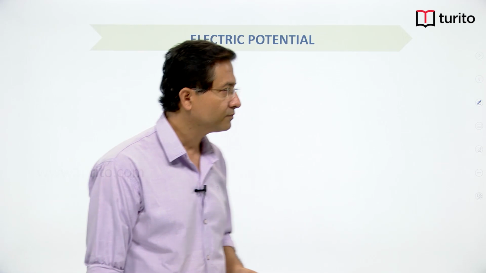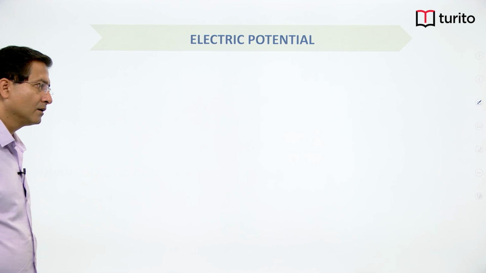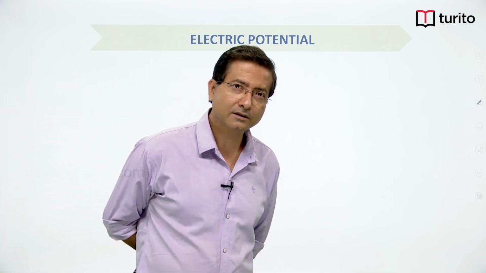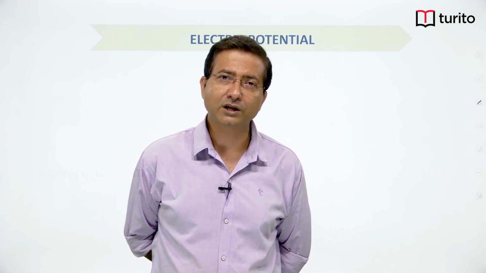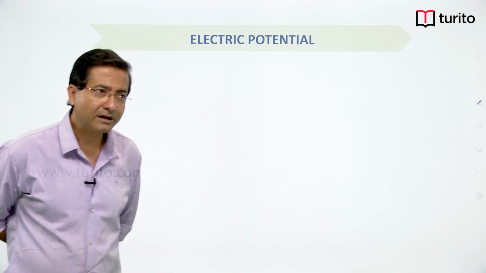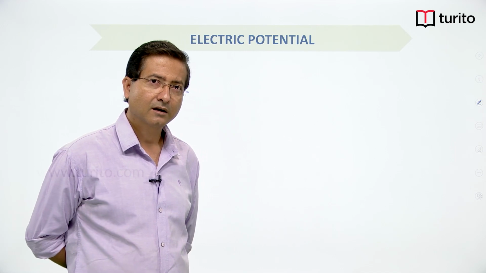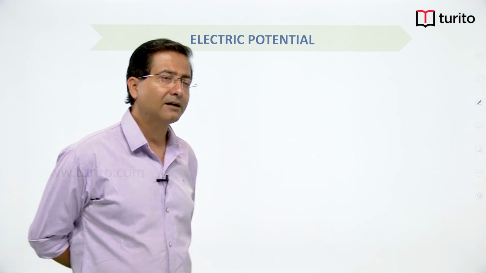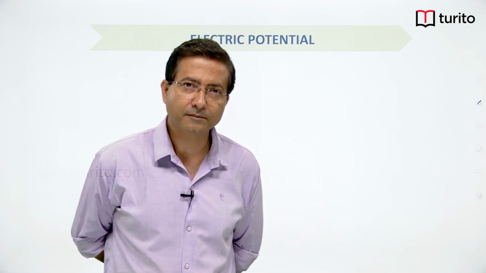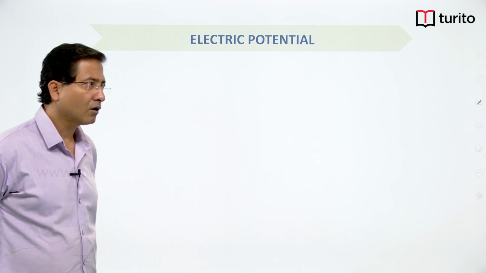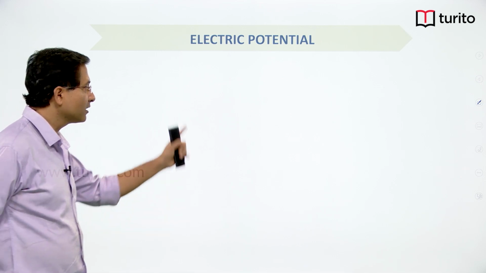Now let us move to the next topic, electric potential, right. So there are basically two ways to define the field around a charge. One way is the vector way, where we talk about the electric field strength, and using the electric field line concept we can tell at a particular point what would be the direction of the field. There is another way of defining the field in a region of space, that is potential.